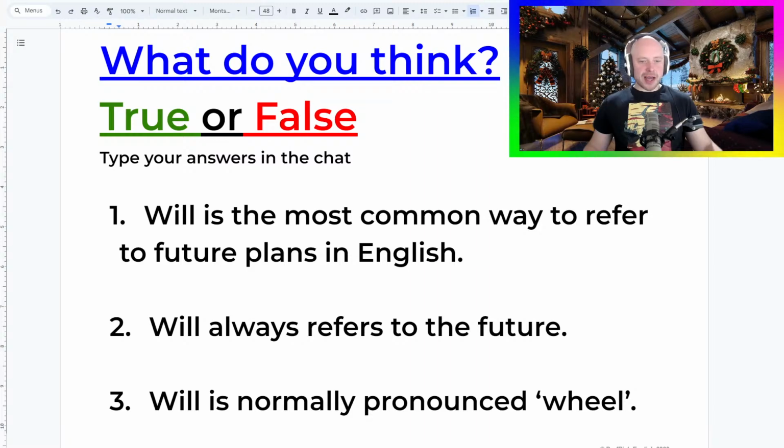So let's see what you guys think about these statements. Manuel thinks that 1 and 2 are true, but 3 is false. So that's interesting.